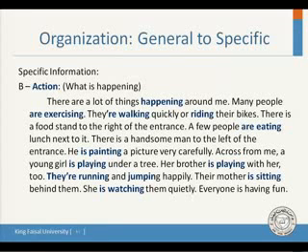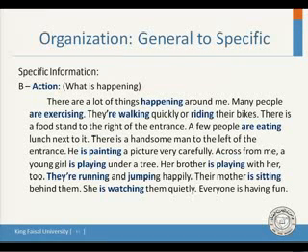Okay, look at the other verbs. They are written in blue. He is painting. A young girl is playing. Her brother is playing. They are running and jumping. Their mother is sitting. She is watching. So this is the third paragraph.